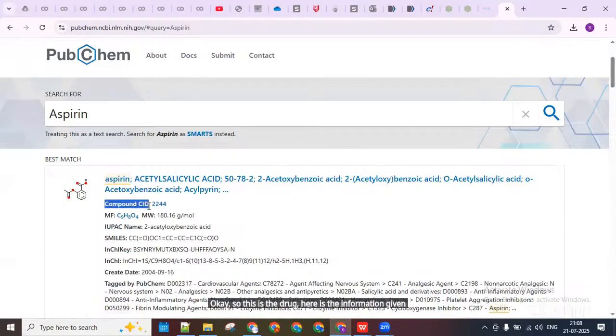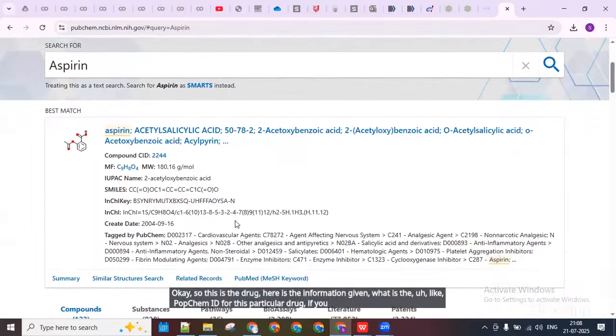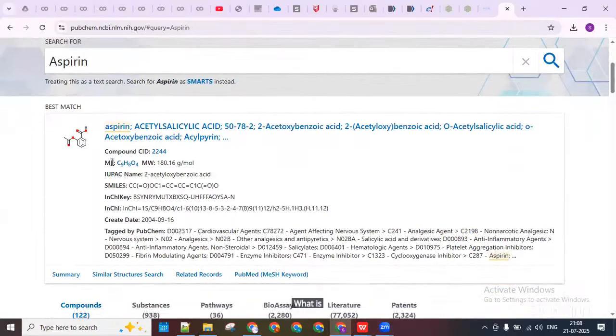What is the PubChem ID for this particular drug, if you want to search? What is the molecular formula for this drug? What is the weight of the drug?